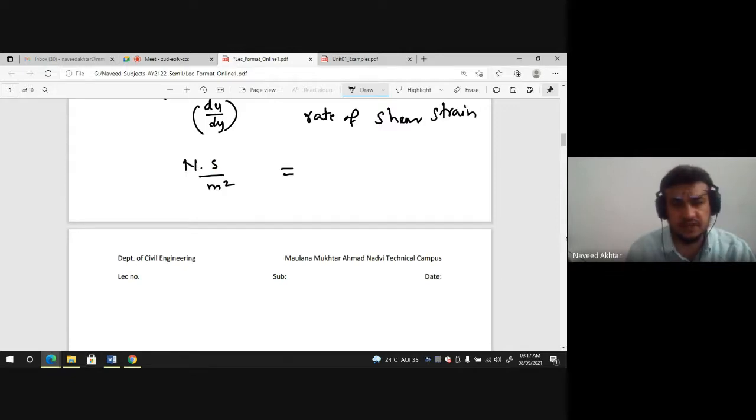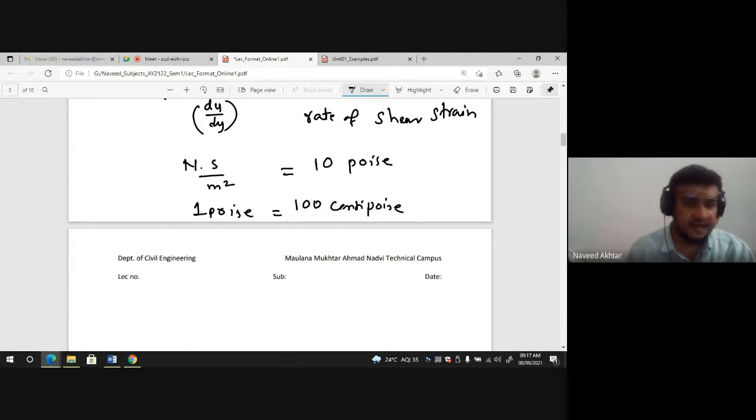It is generally 10 poise, and one poise is equal to 100 centipoise. In the CGS system, it is dyne second per centimeter square.